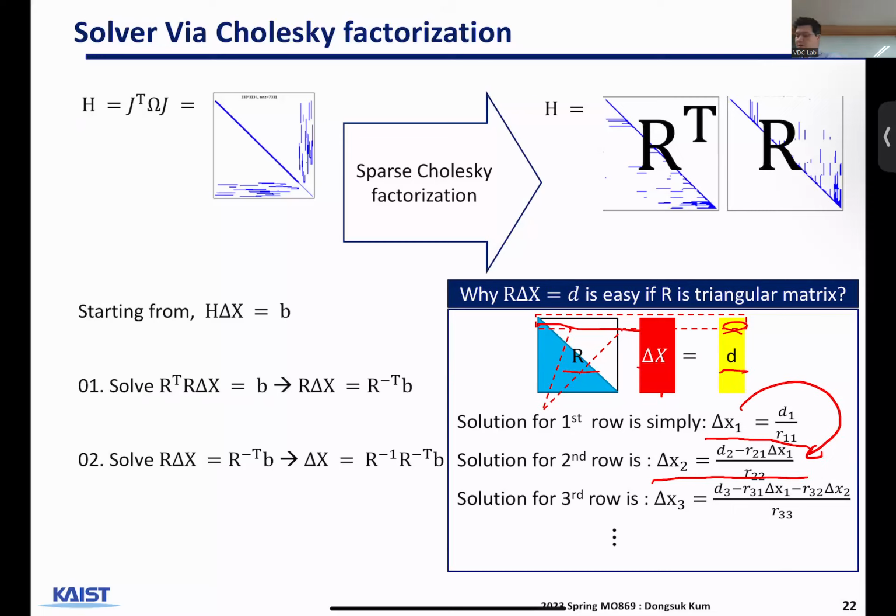And then for del X3, you computed del X1, you computed del X2, so you know everything. So you can compute del X3. There is a series of equations that can be solved in a chain. This is a very easy set of equations to solve.